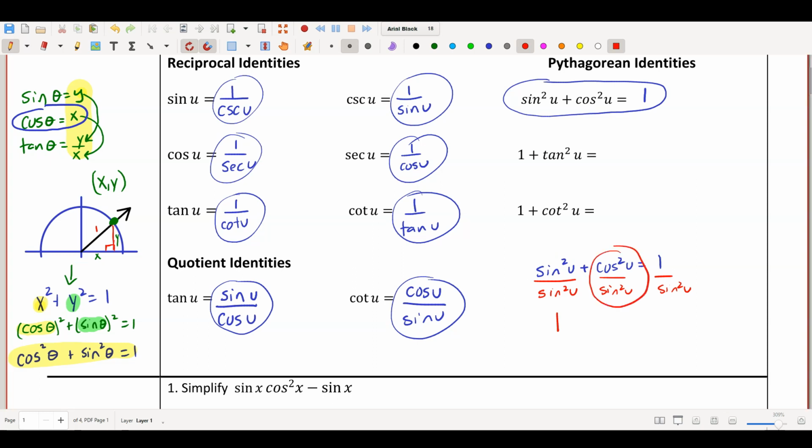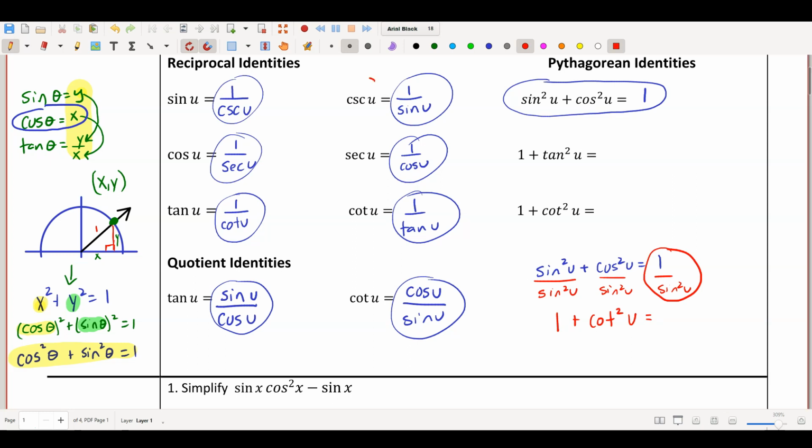If I look at this, I have cosine squared divided by sine squared, and I think, well, what is cosine divided by sine? Look over here. Cosine divided by sine is equal to cotangent. So this actually becomes cotangent squared u equals, and then if I look over here, what is 1 over sine squared of an angle?